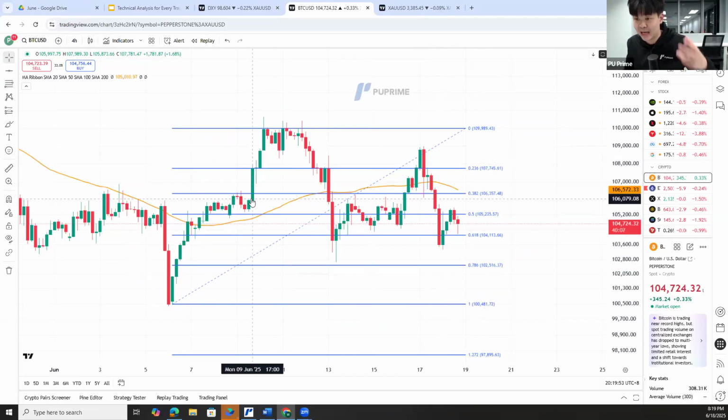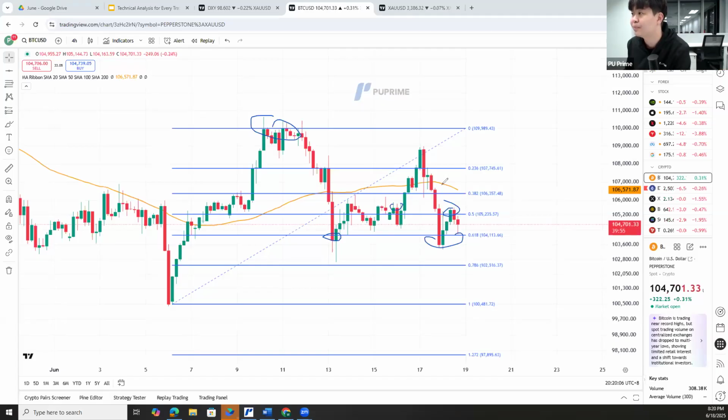Of course, it won't be exactly nicely formed, but about 80% of the resistance levels will be shown. You can see the price over here, the support level over here, the resistance level over here. It's quite nearby. Actually, the resistance around this one, 23.6% of the Fibonacci retracement, resistance level of 107,745.